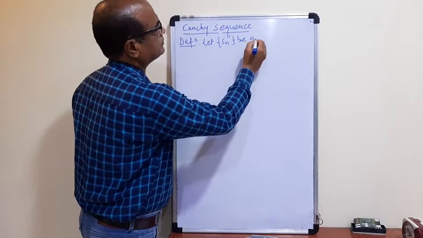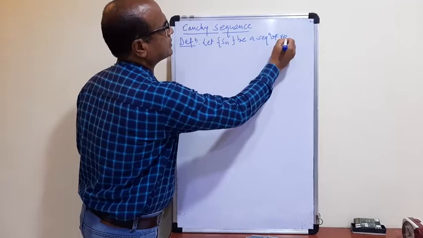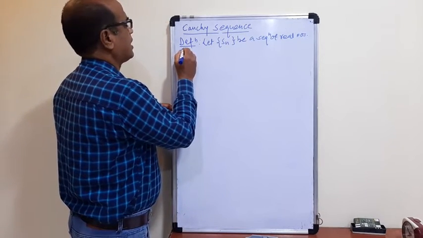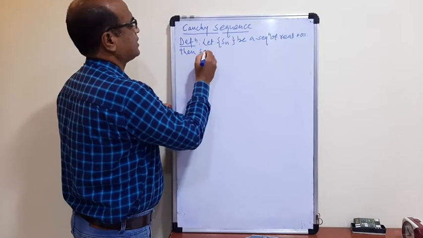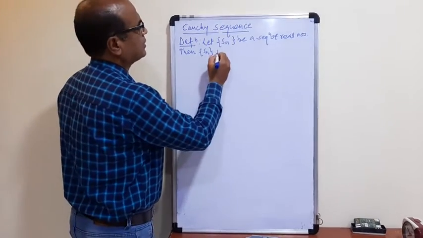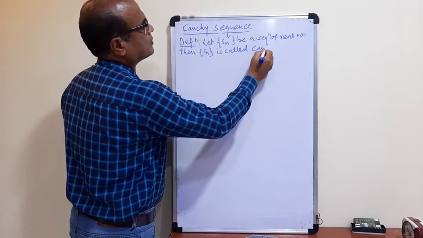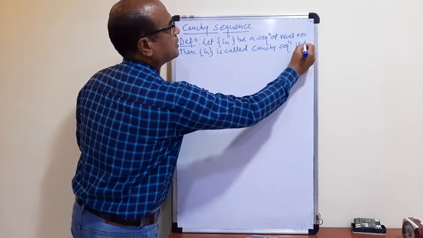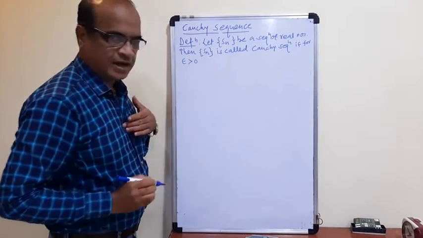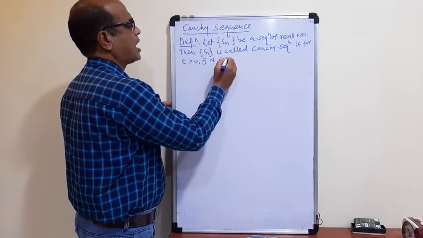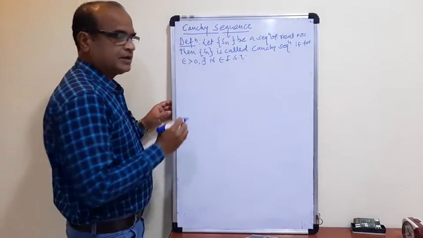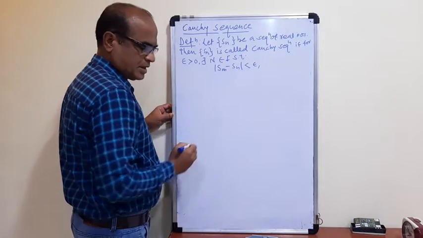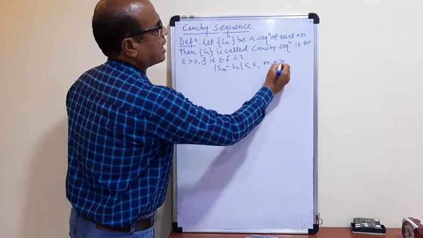Then the sequence Sn is called a Cauchy sequence if for epsilon positive there exists n belongs to I such that mod of Sm minus Sn is less than epsilon whenever m, n are greater than or equal to this n.